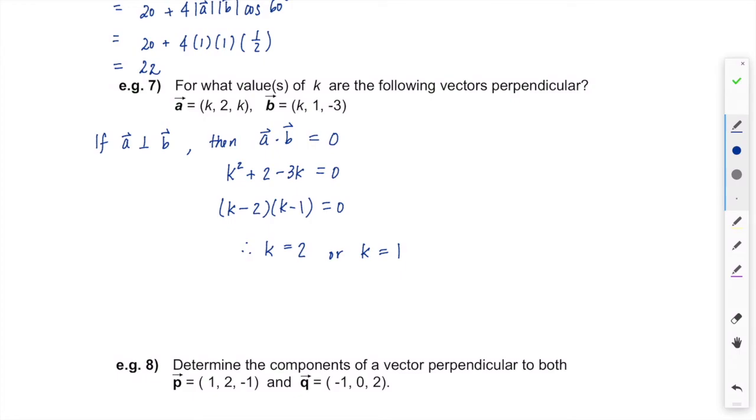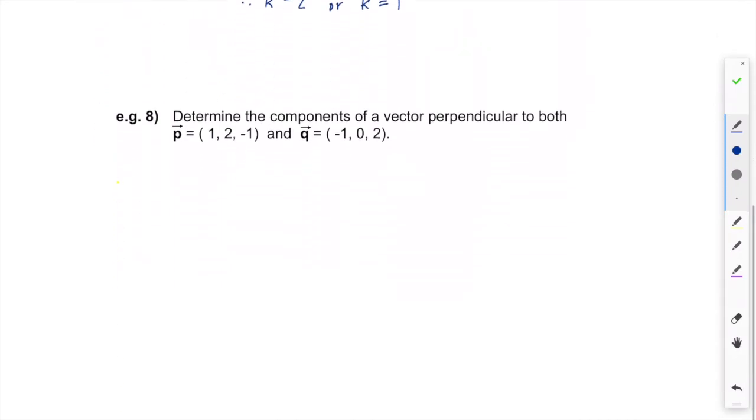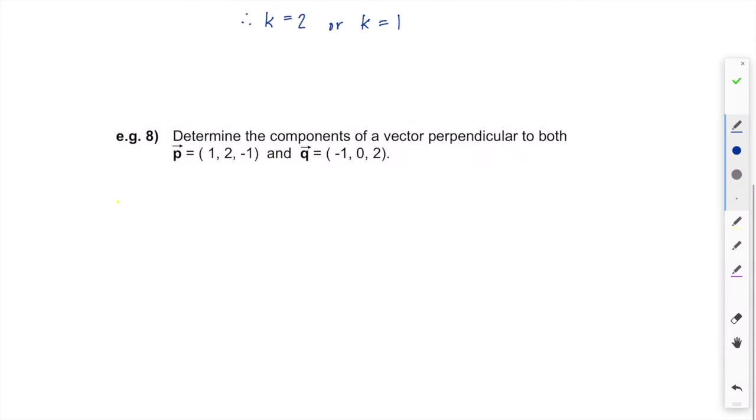So last but not least, we have example 8. Determine the components of a vector that is perpendicular to both P and Q. So it sounds similar to example 7, but it's not really the same thing. In example 7, we know what those vectors are, right?